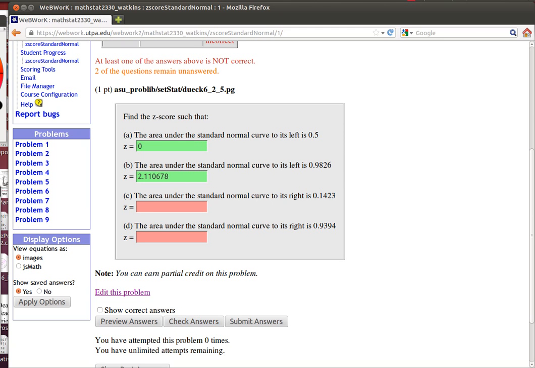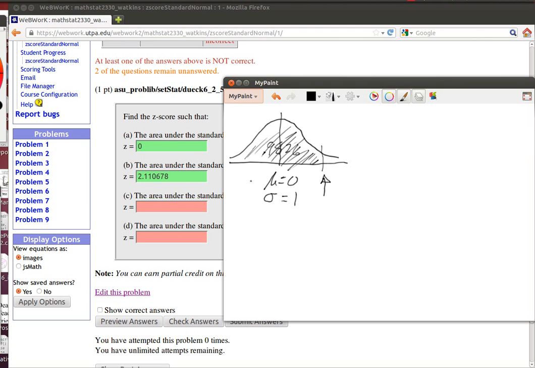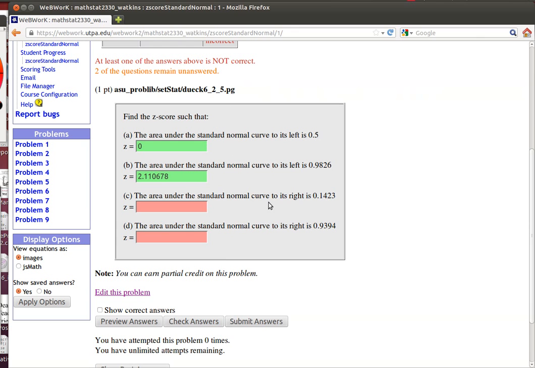Let's look at our curve just real quickly. Let me grab another color. So now the area under the curve to its right is 0.1423.